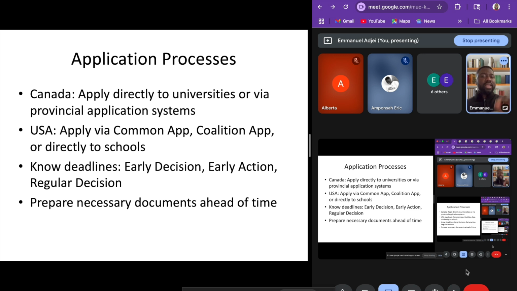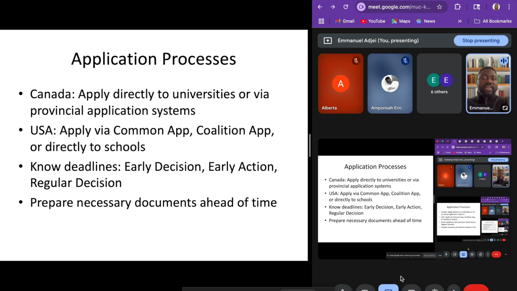I think it is 10 provinces and 3 territories, together making 13. Now, every province may have its own application system. So when you go to the province of Ontario, you are going to have the Ontario provincial application system, where you can apply for universities in Ontario as a region, let's put it that way, or as a state. Or you can just go to a university website directly, type the university name, and apply to that university. Very simple.